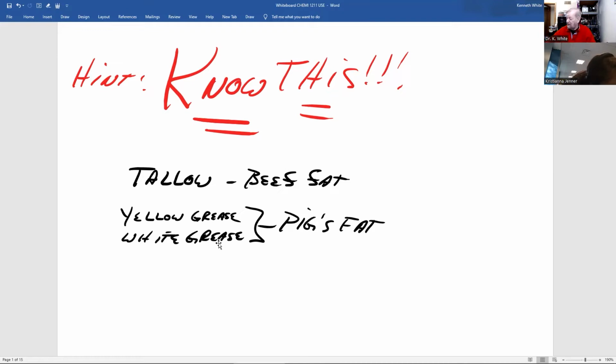Do I have time? I do. The rendering plant would get fat from meat packing companies and butchers too. Butchers would save the fat in plastic gondolas with garbage bags in them and sell it to Darling so they could make it into tallow or yellow grease or white grease.